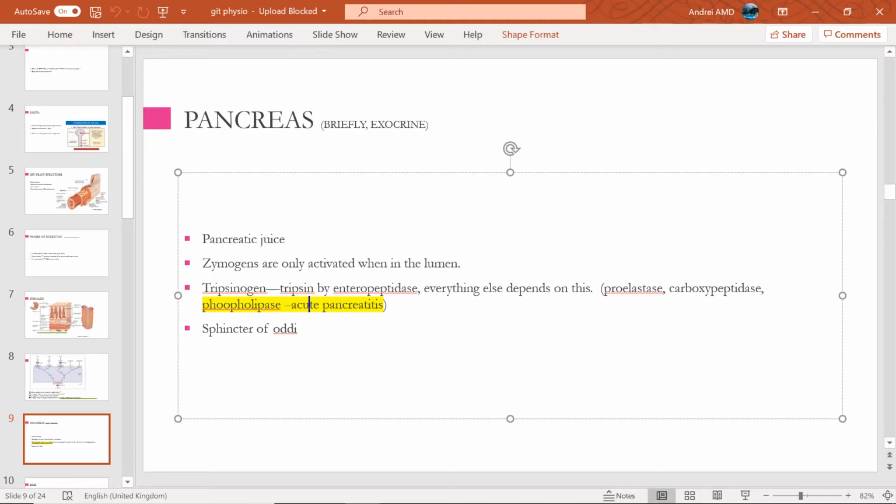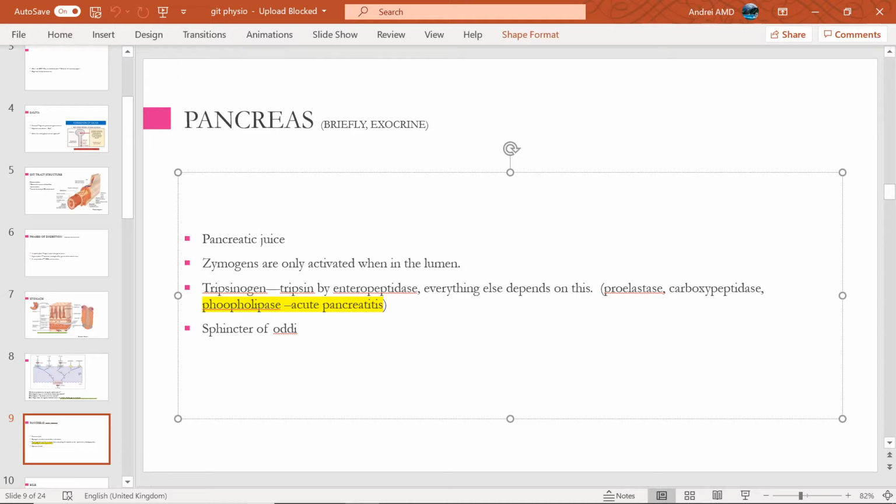You will learn it later, but for the pancreas, there's this thing called acute pancreatitis. What happens is that these enzymes get activated in the pancreas. And you don't want that because it's just going to degrade its own self, the pancreas. The cause is phospholipase, because it degrades lipid, and the pancreas basically has a lot of fat around it.